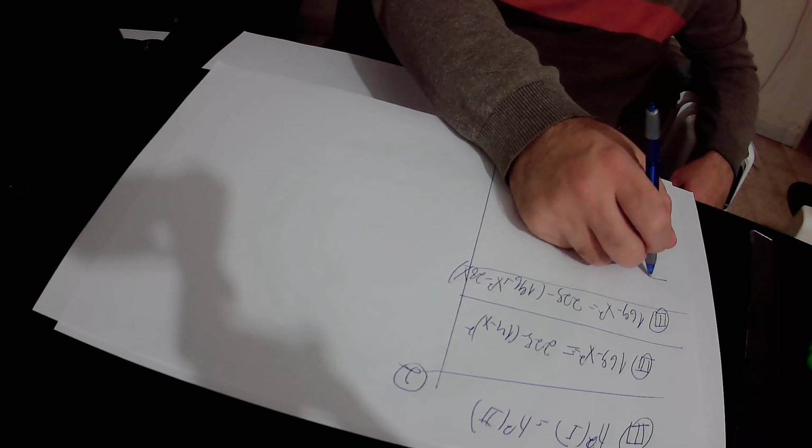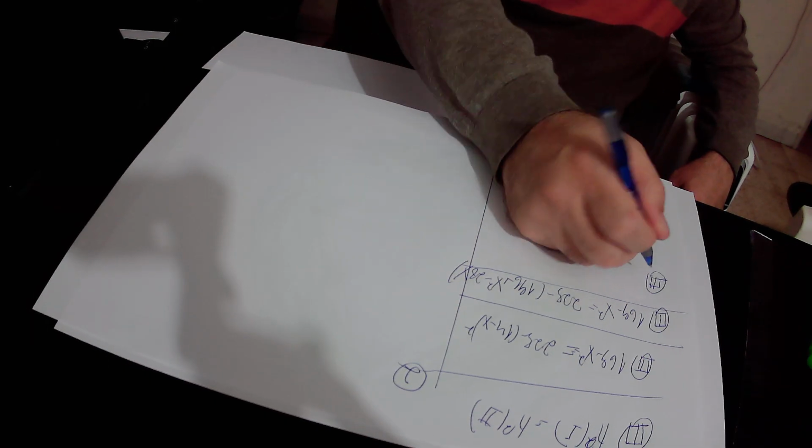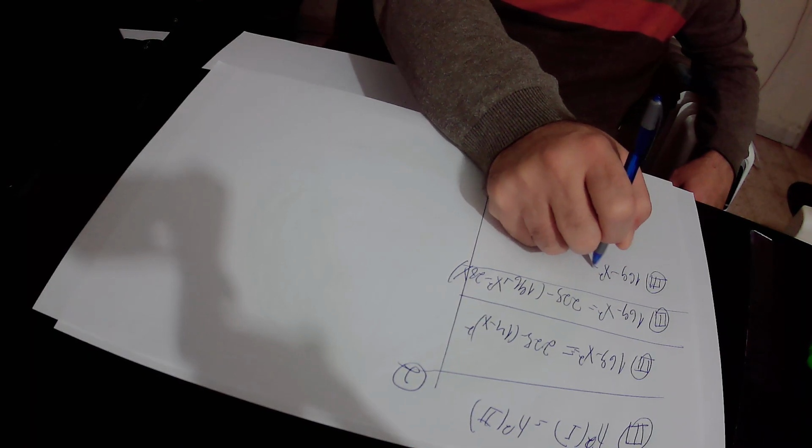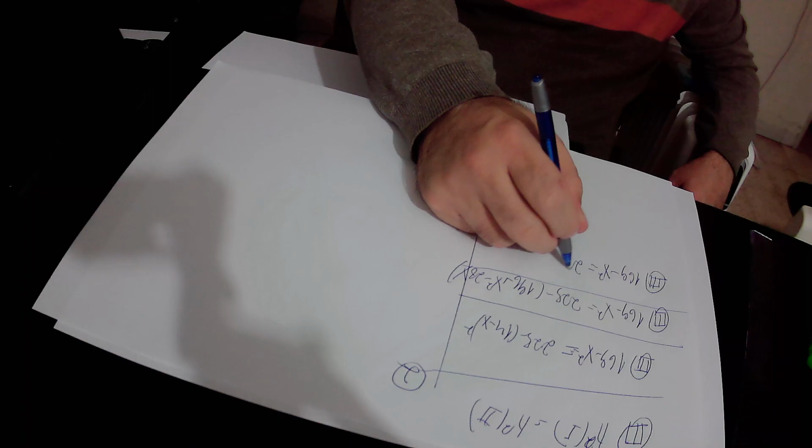So according to equation number 3, 169 minus X squared equals 225.